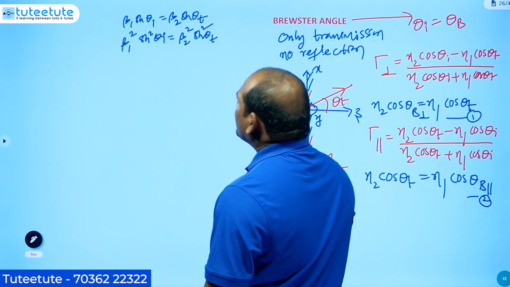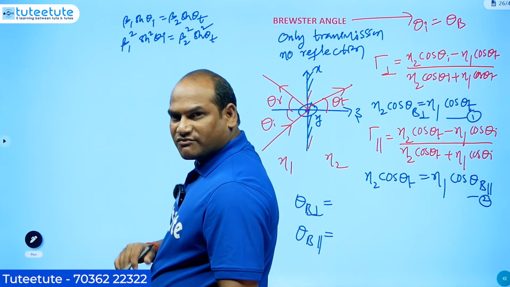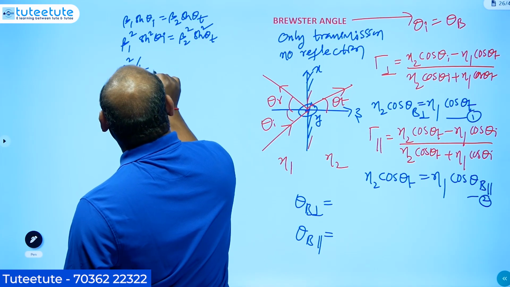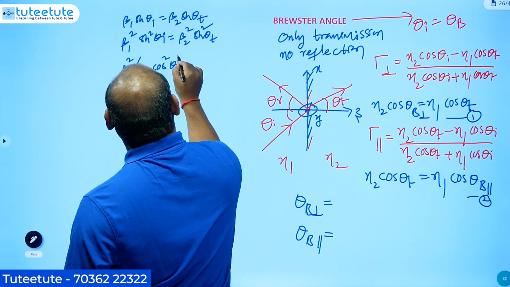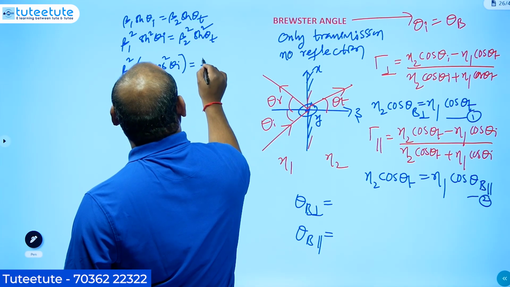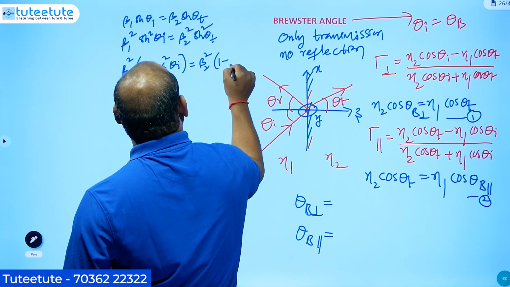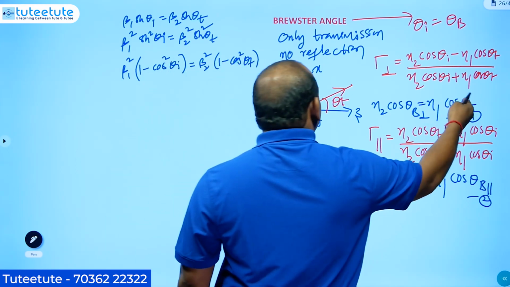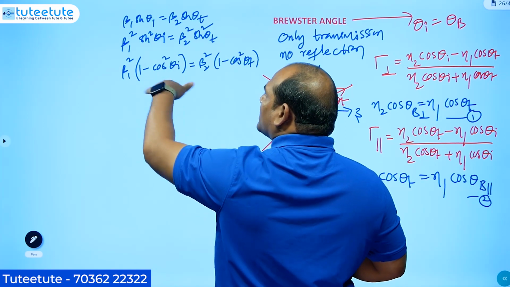And sin we can write in terms of cos. So beta 1 square times 1 minus cos square theta I is equal to beta 2 square times 1 minus cos square theta t. Wherever cos theta t is there, you can replace it from the earlier equation.